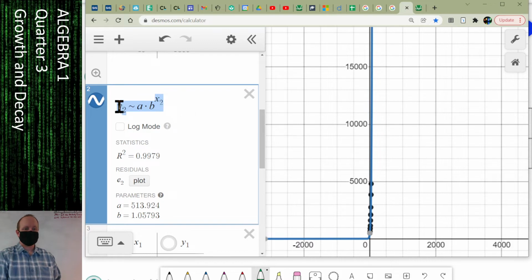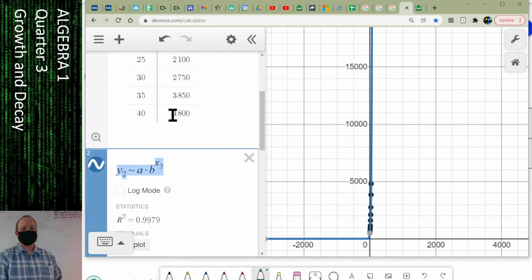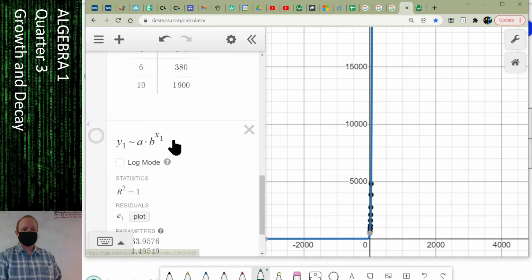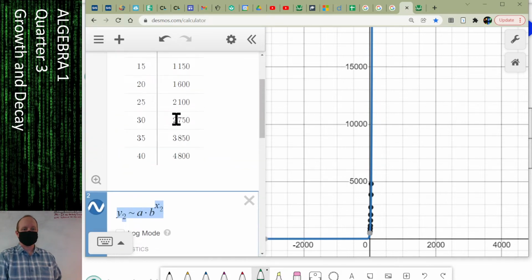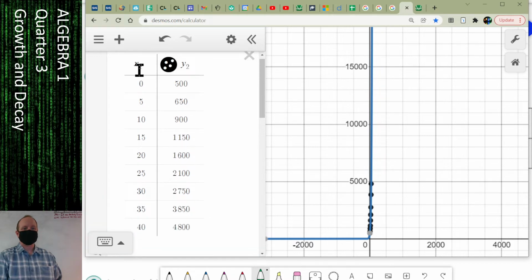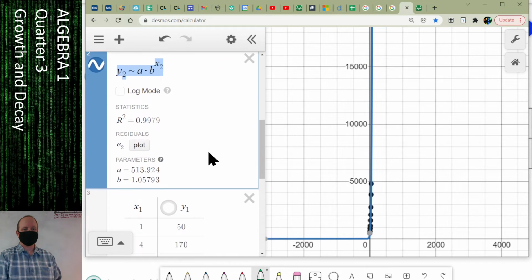It says y sub 2 and x sub 2. That's in case you have multiple x's and y's, like in my Desmos here, I have this top table, but then I have another one. You got to make sure that if it says y sub 2, x sub 2 here, that it matches exactly x sub 2 and y sub 2 on your table.